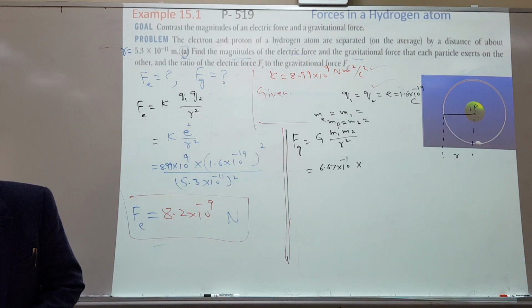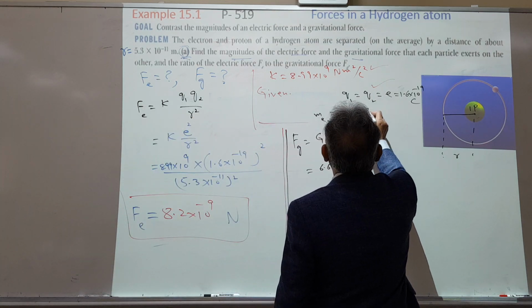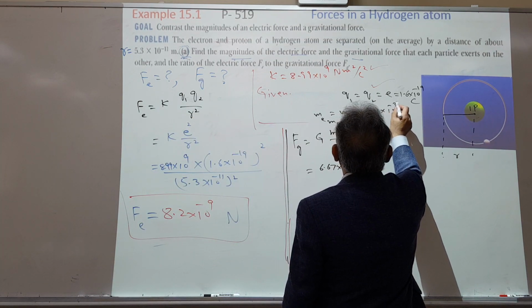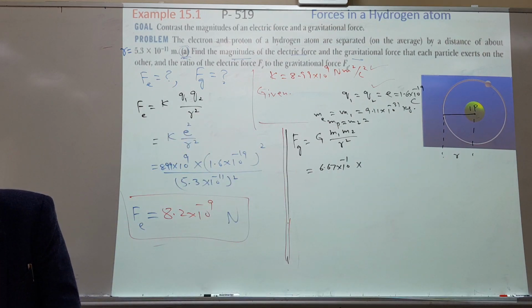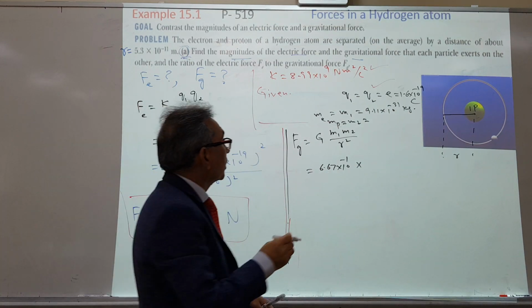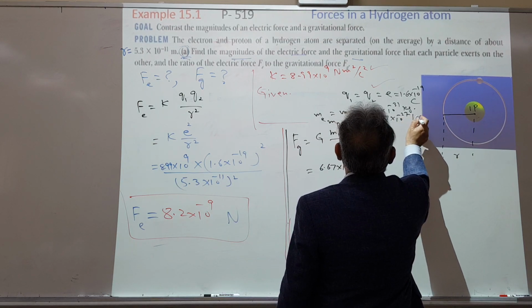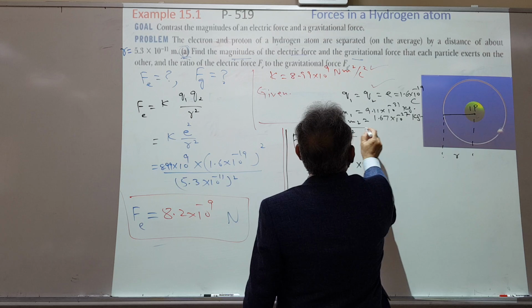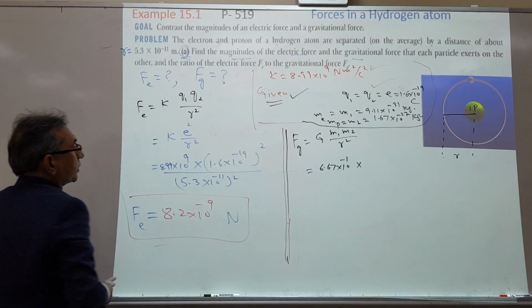Electron mass is 9.11 times 10 to the minus 31 kg, and the mass of the proton is 1.67 times 10 to the minus 27 kg. All these things are given to you in the exam, don't worry.